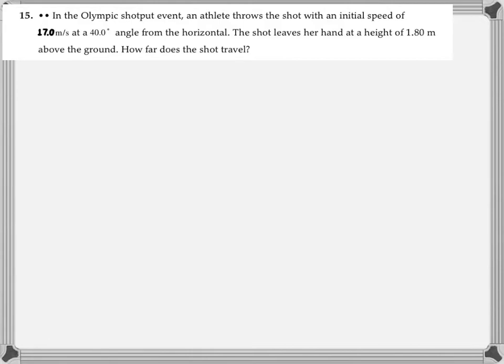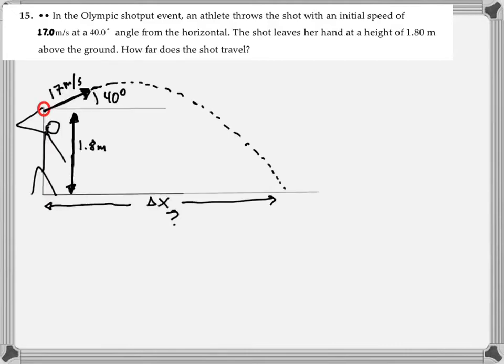All right, so the first thing that we need to do is obviously do a sketch of this situation. So here's my sketch. I have the athlete there holding the shot. The shot is going to be launched with a speed of 17 meters per second. It's going to have an initial angle of 40 degrees, and the initial height above the ground is going to be 1.8 meters.